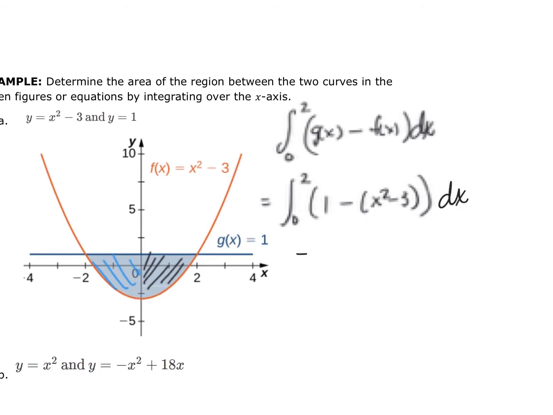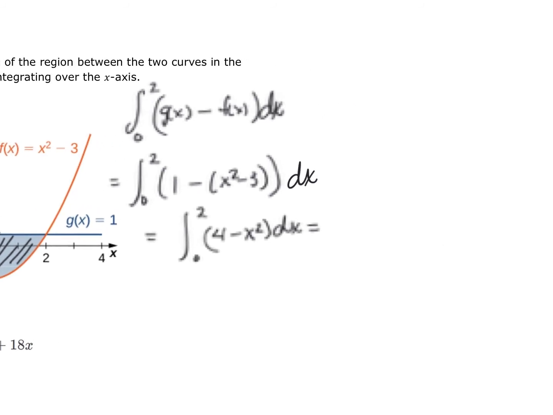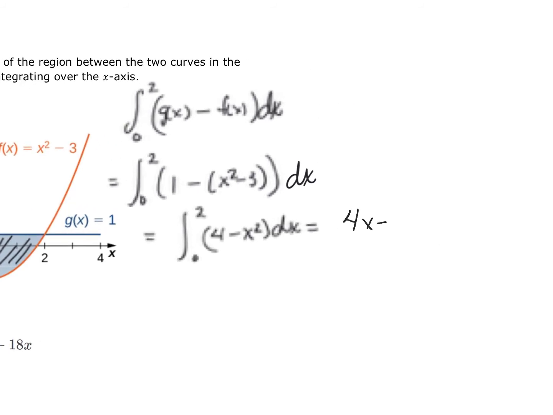dx. And so I'm going to have from 0 to 2 of 1 minus negative 3, so 4 minus x squared dx, which gives me 4x minus 1/3 x raised to the 3. Evaluated, oh, don't forget my 2, because we have two sides, so don't forget my 2, and symmetry, evaluated from 0 to 2.